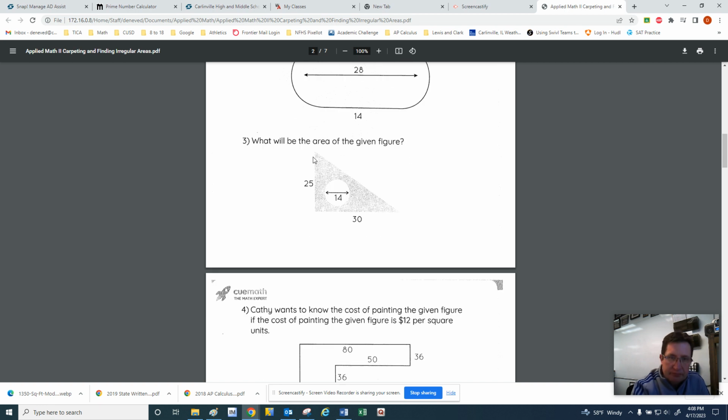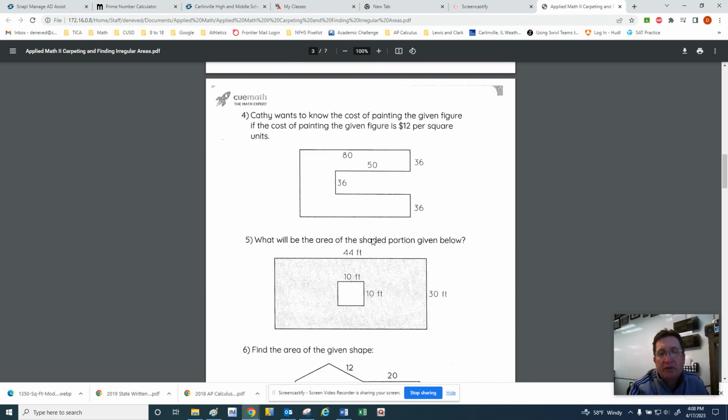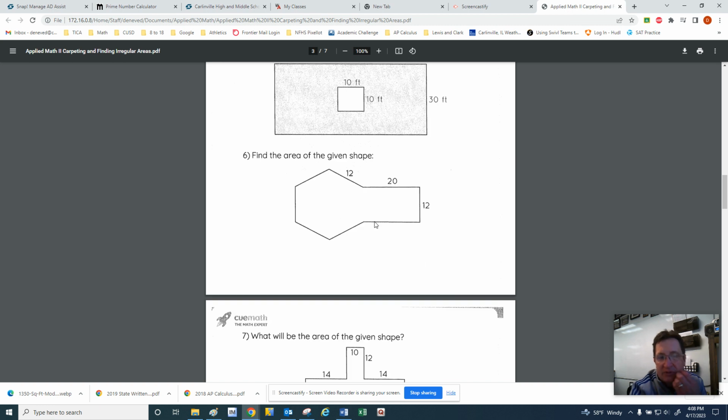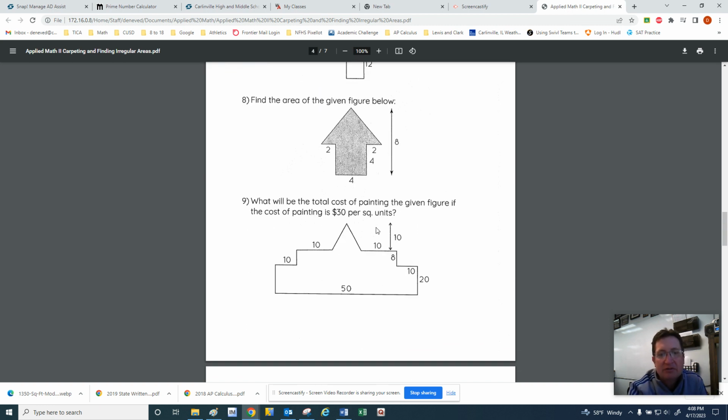This one is a triangle with a circle cut out, and so you'd want to find the area of the triangle and then subtract the area of the circle, and so that'll work there. The rest of them have some triangles and some rectangles. You'll add them up and subtract them as you were before. So we'll go with that.